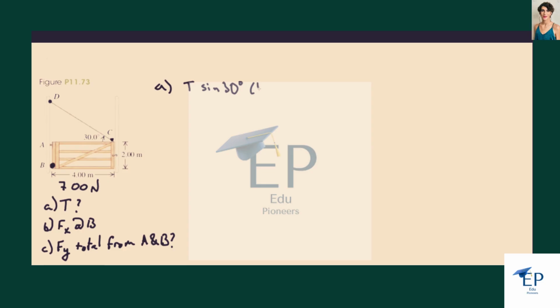So this is times 4 meters. Plus T cosine of 30 degrees times 2 meters.